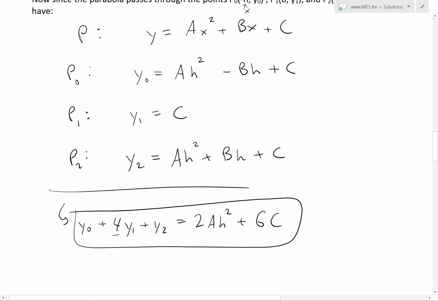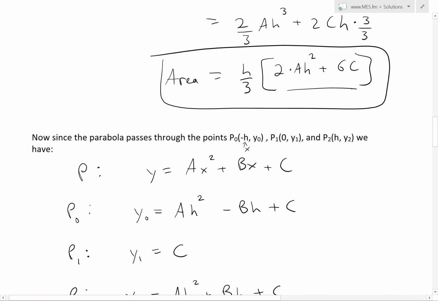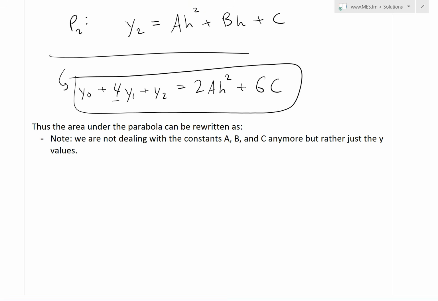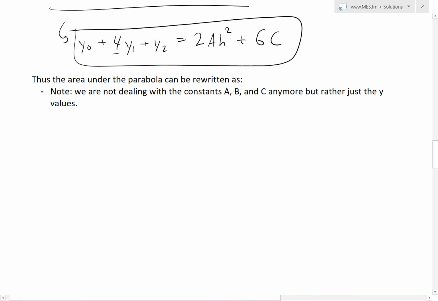And now what this means is we can replace this, so we're not dealing with the constants anymore. Thus the area under the parabola can be rewritten, first noting that we are not dealing with the constants a, b, and c anymore, but rather just the y values.